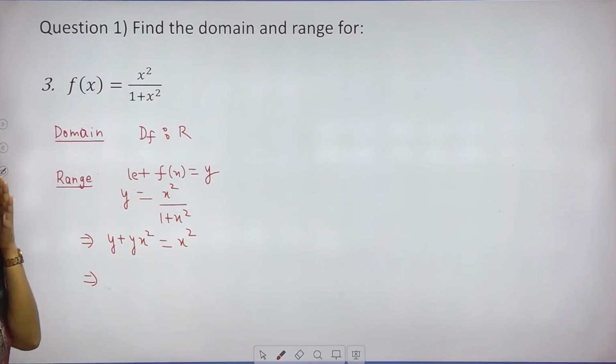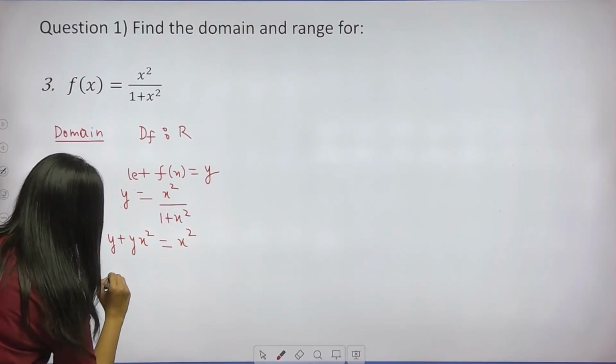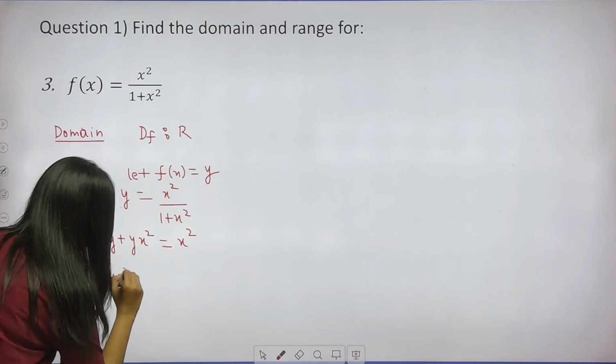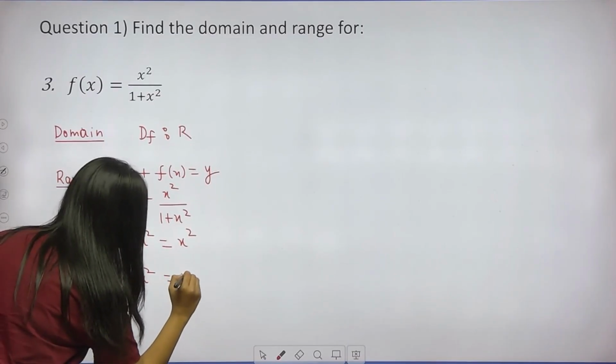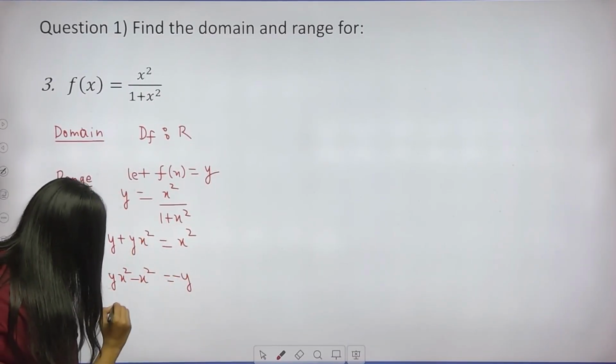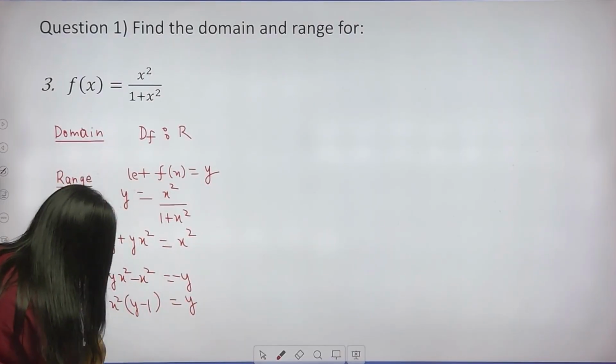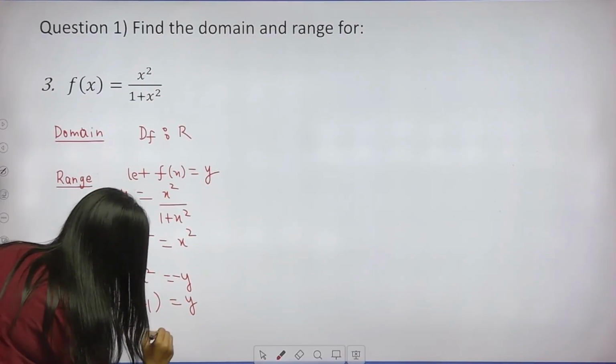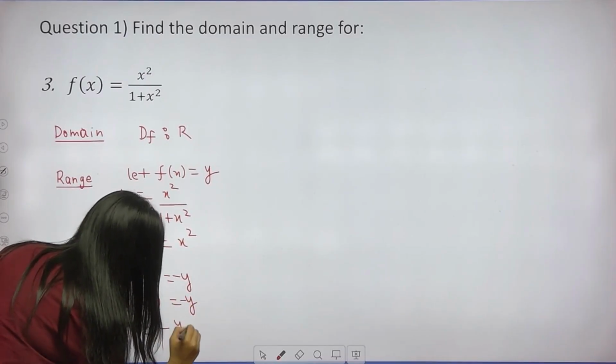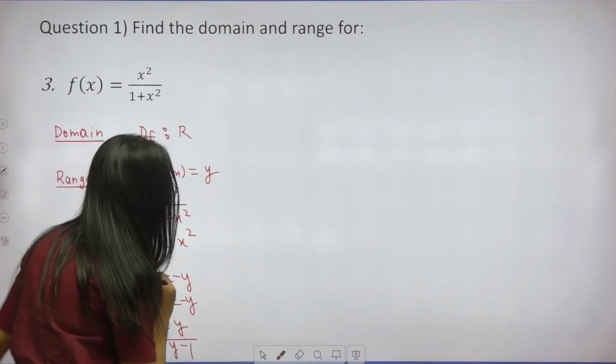Now let's take like terms together. We get that yx square minus x square is equal to minus y. Let's take x square common. We get y minus 1 times x square is equal to minus y, and x square will now be equal to minus y over y minus 1.